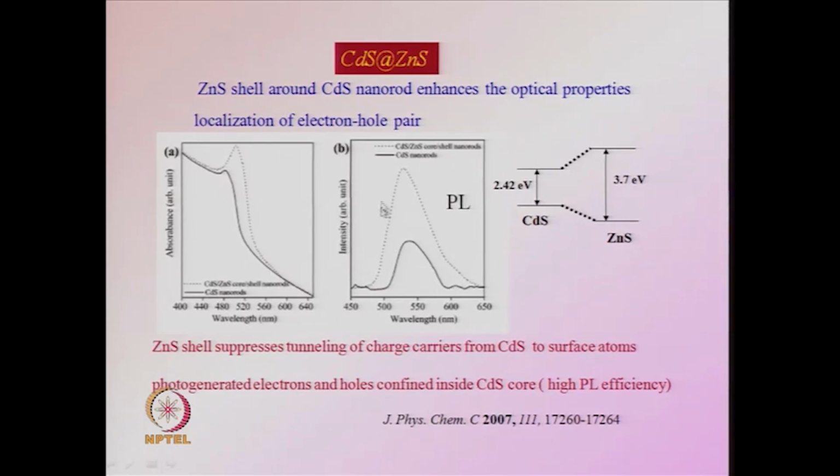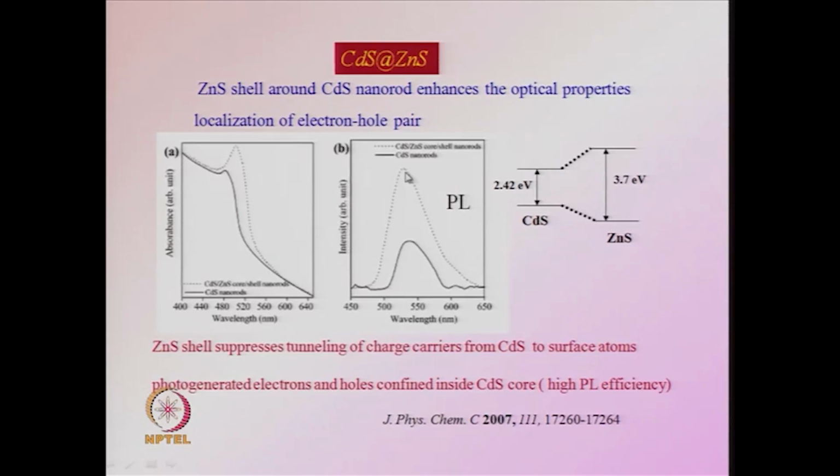And that you can see here. The dark lines are the absorption, and this is the photoluminescence. You can see the dark one is pure cadmium sulphide with no shell, and it has this kind of intensity. The intensity is here, whereas when you put a shell on top which is zinc sulphide, the dotted line, you see an enhanced signal.